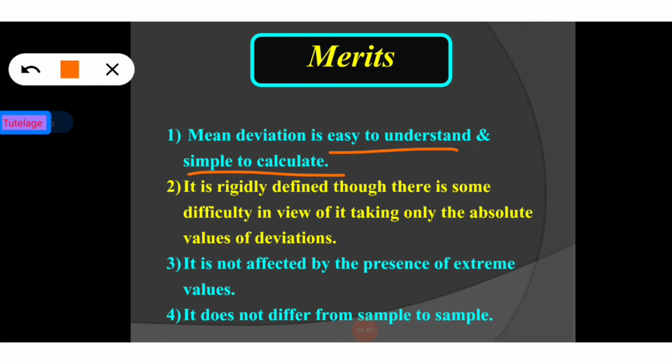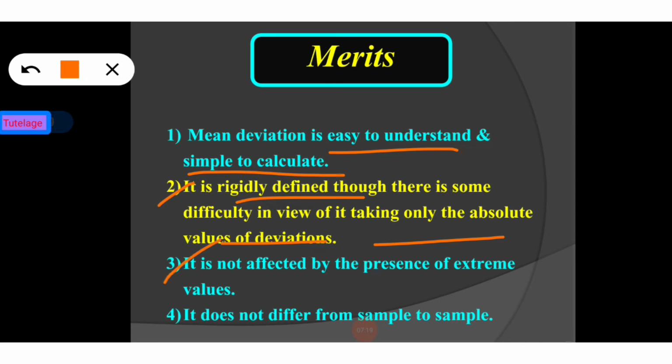Okay, so now going to the second point, it is rigidly defined, though there is some difficulty in view of it taking only the absolute values of deviation. We have already told the deviations are taken always as the absolute number without considering the algebraic sign, that means plus or minus. So that's why there is some difficulty, but otherwise it is rigidly or precisely defined.